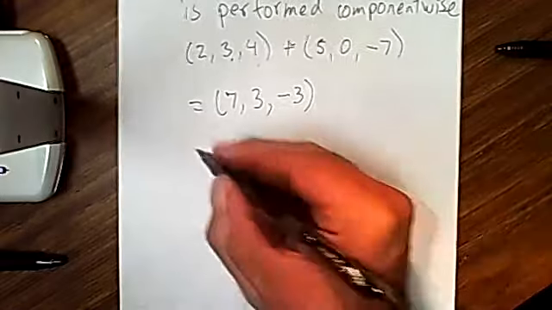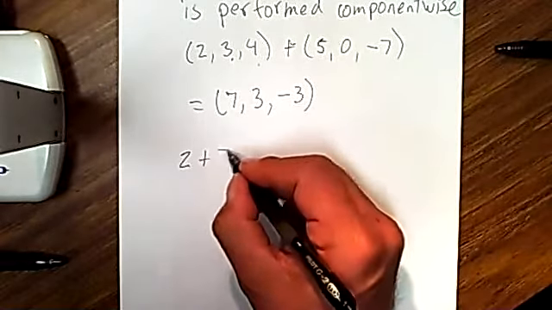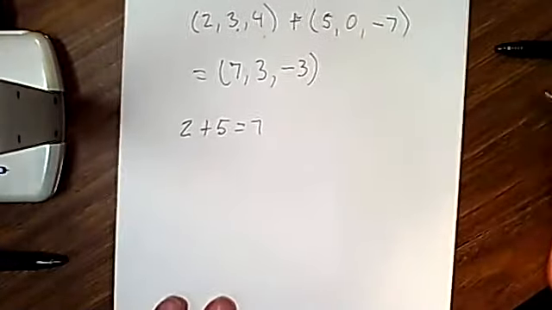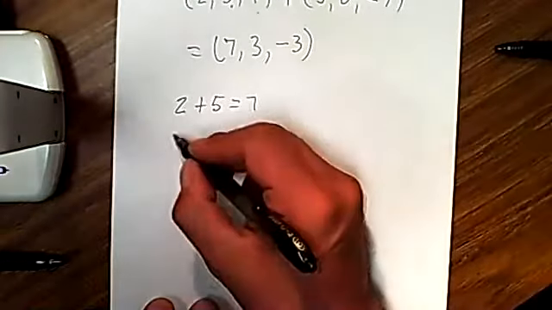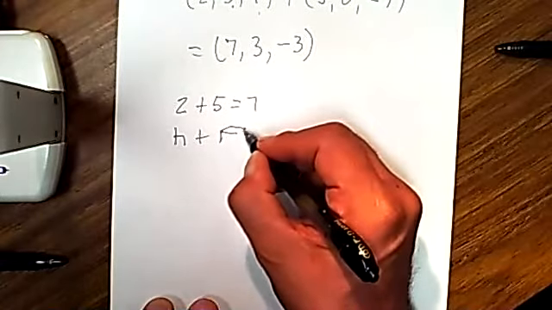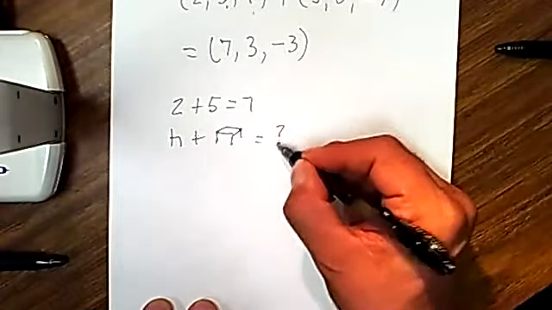Let me start with the numbers. 2 plus 5 is equal to 7. We know exactly what it is. It is well defined. We've done this since we were in elementary school. But if you have a chair and we add a table, how are we going to add that?